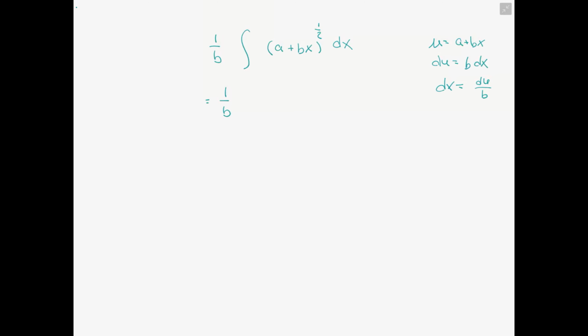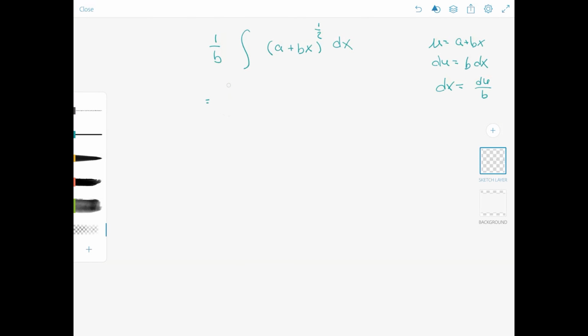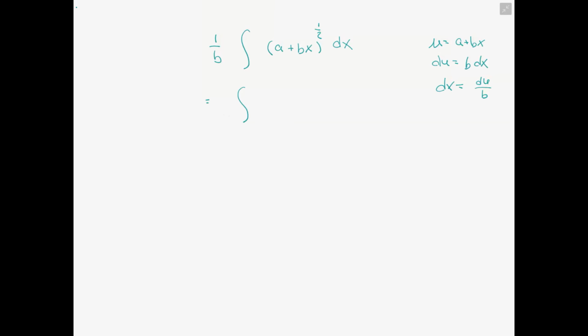So we have 1 over b, and we do have dx, so we erase that. We have dx and 1 over b, so we have u to the 1/2 du.